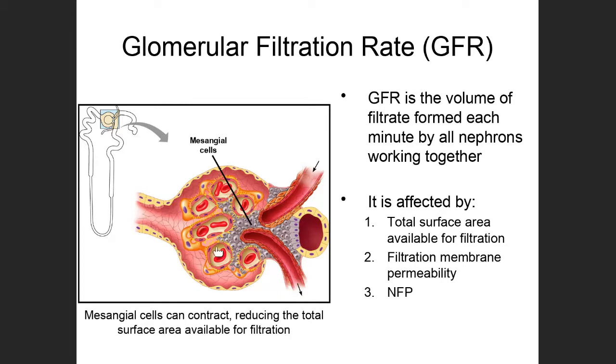If we see a decrease in NFP, which would likely be due to a decrease in blood pressure specifically within the glomerulus, there's less pressure pushing stuff out, and we're going to see a decrease in GFR. Less filtrate is going to be formed simply because there's not as much pressure pushing stuff out.